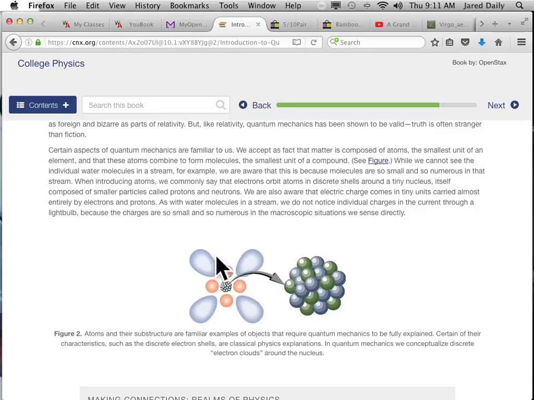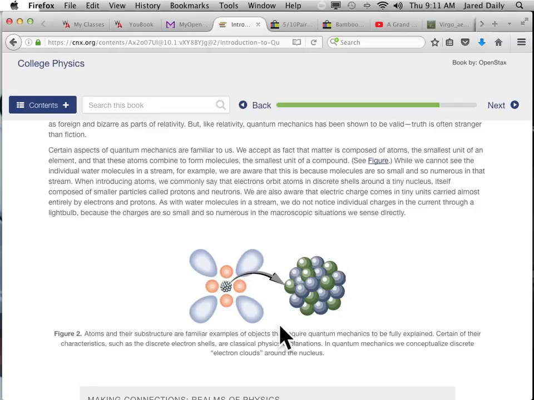These represent domains of electrons, I suppose you could say. And this, of course, is nothing like an actual atom. We have no idea what an actual atom would look like because atoms are way smaller than the light that we see with. So once again, we run into this problem that our measuring device is much bigger than the thing we're trying to measure.